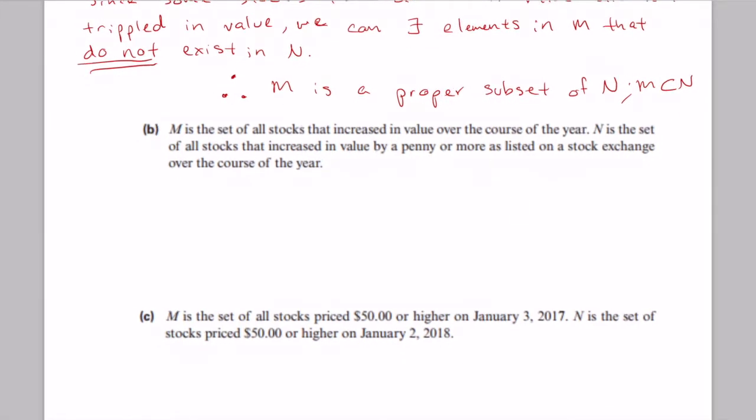Now B. M is the set of all stocks that increased in value over the course of the year. N is the set of all stocks that increased in value by a penny or more as listed at a stock exchange over the course of the year. Okay, so let's think. As a nation, our lowest currency would be a penny, correct?